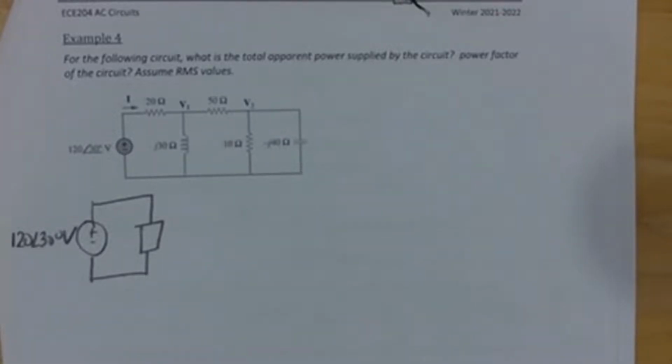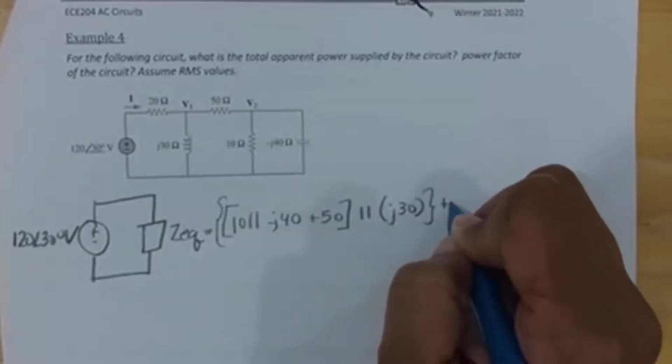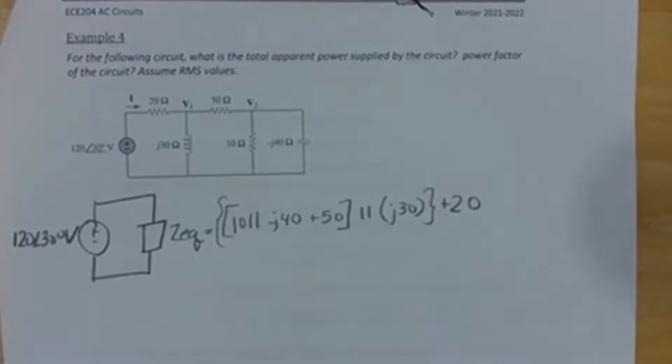What is the impedance seen by the voltage source? The formula that you could use to do this would be 10 in parallel with negative J40 plus 50. That result in parallel with J30. And that result in series with 20.